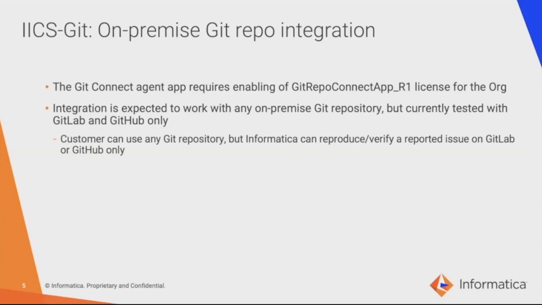It's just that it's not certified and tested from the Informatica side. On the other hand, we have certified GitHub, GitLab, and Bitbucket in IICS. So if you have to reach out to support, or raise a feature request, we can do it for all the Git flavors on the on-prem Git repository, apart from the generic Git repo. Just a point to note.